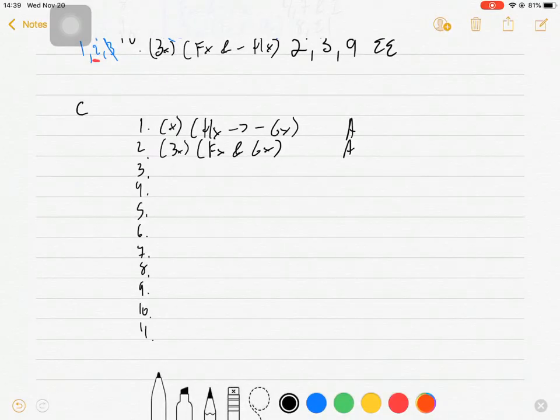Since we have an existential claim, we're going to have to do an assumption for the sake of EE. Break those two pieces apart. Then we can do our UE for line 1.